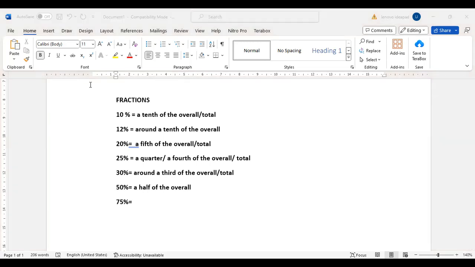How about 75%? If 50 is a half, how about 75%? How do you say it in fraction?